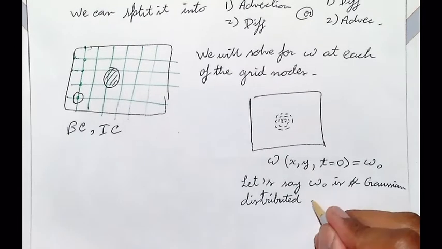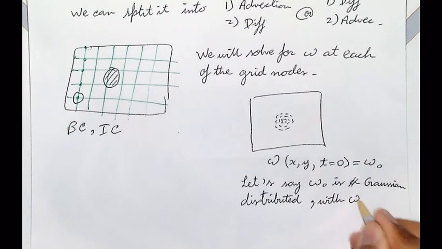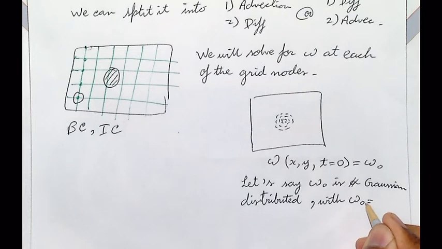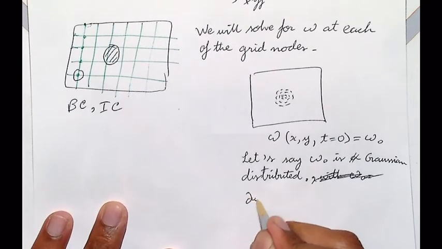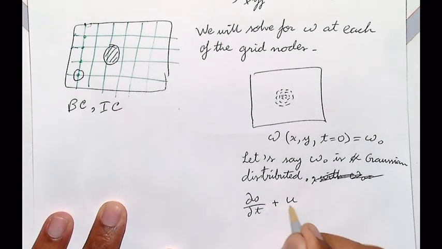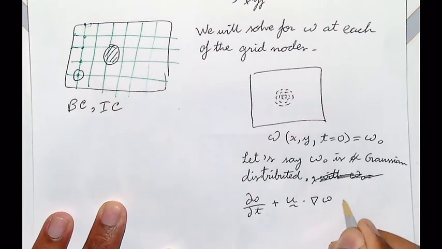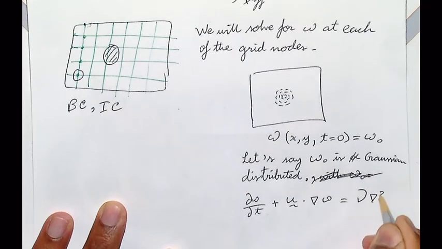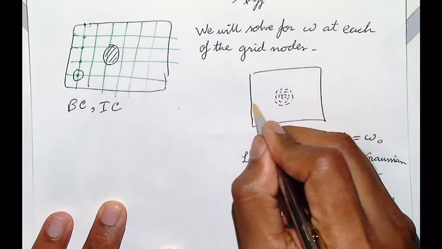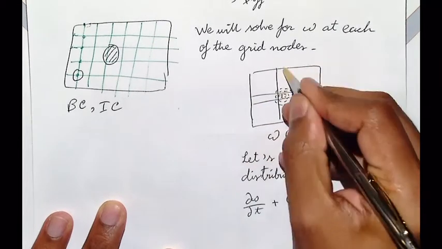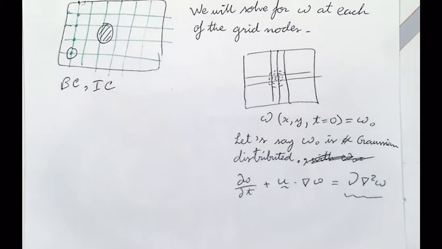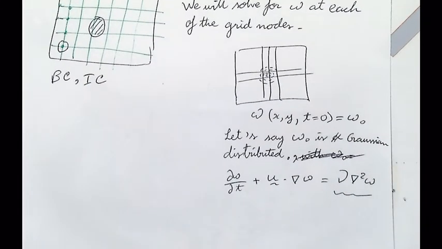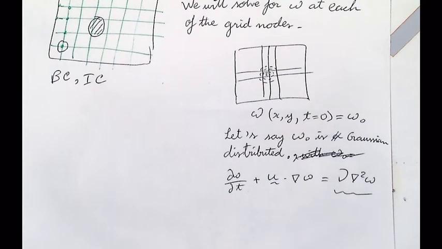So you need to solve d omega by dt plus u dot grad omega equals nu grad squared omega. Will you be able to compute this diffusion term? How will you be able to compute this diffusion term?